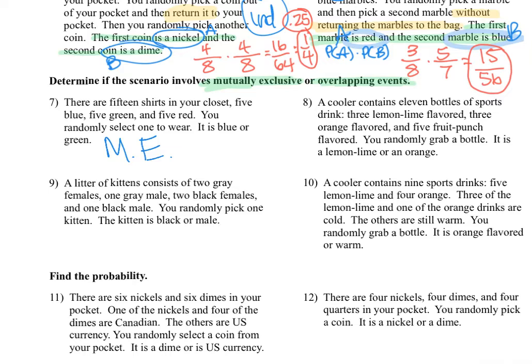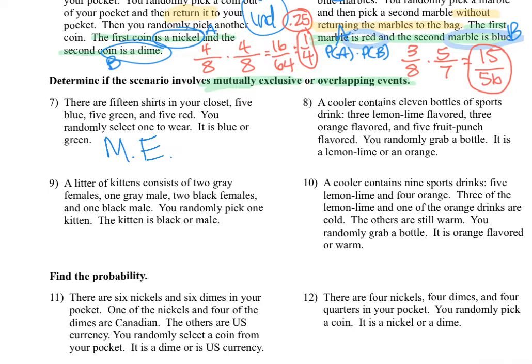If you were to have a mixture, let's say you had an option to have blue and green tie-dye, okay? Then it would turn into overlapping events because you have blue shirts, green shirts, and blue and green tie-dye shirts, okay? They can be assumed as either one, okay?